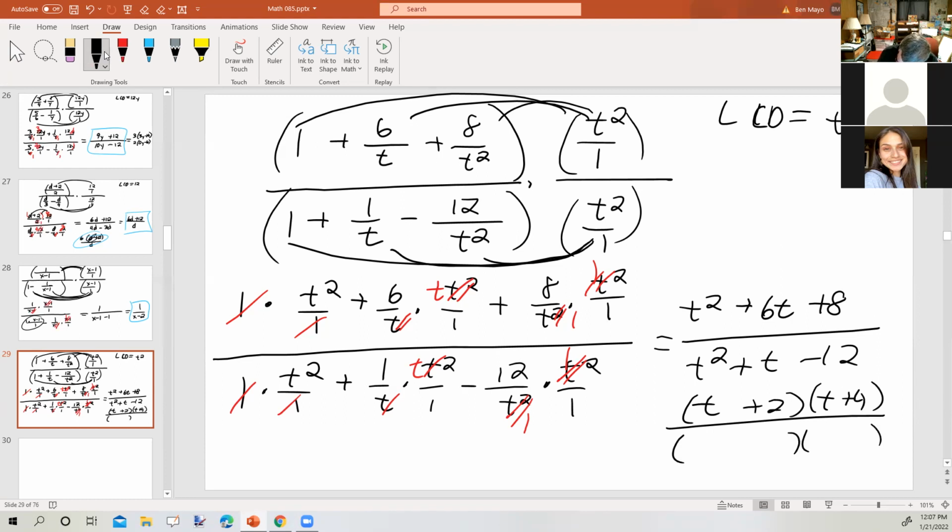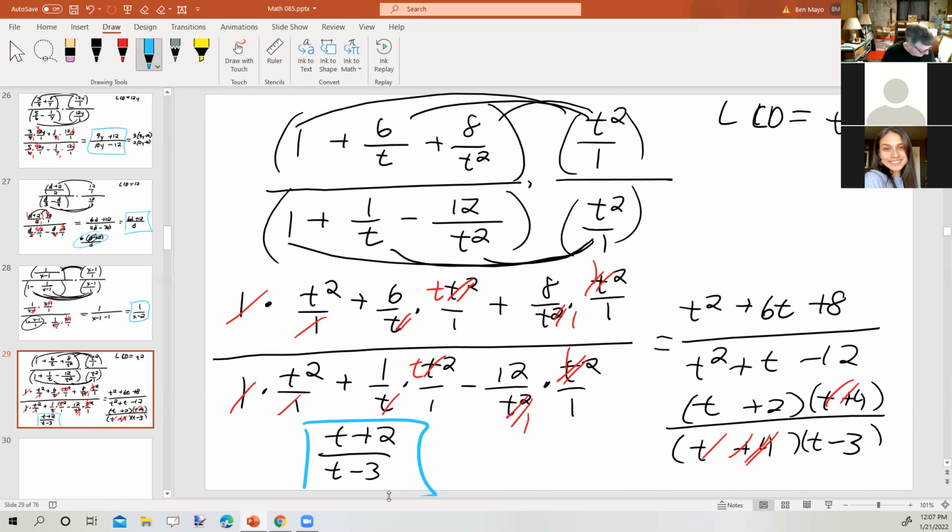In the denominator, we'd have t plus 4, t minus 3. I think that's right. So the t plus 4s reduce out, and our final answer is t plus 2 over t minus 3.